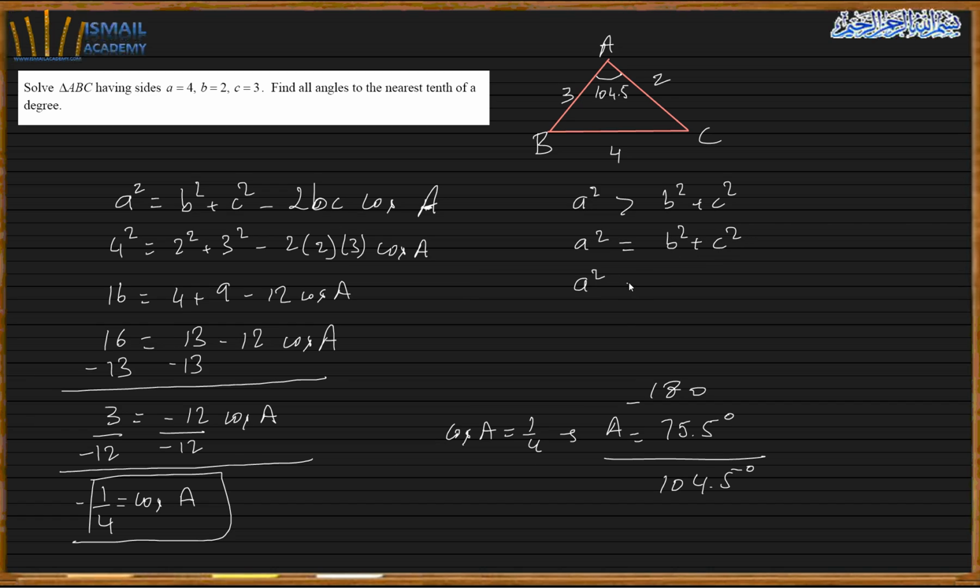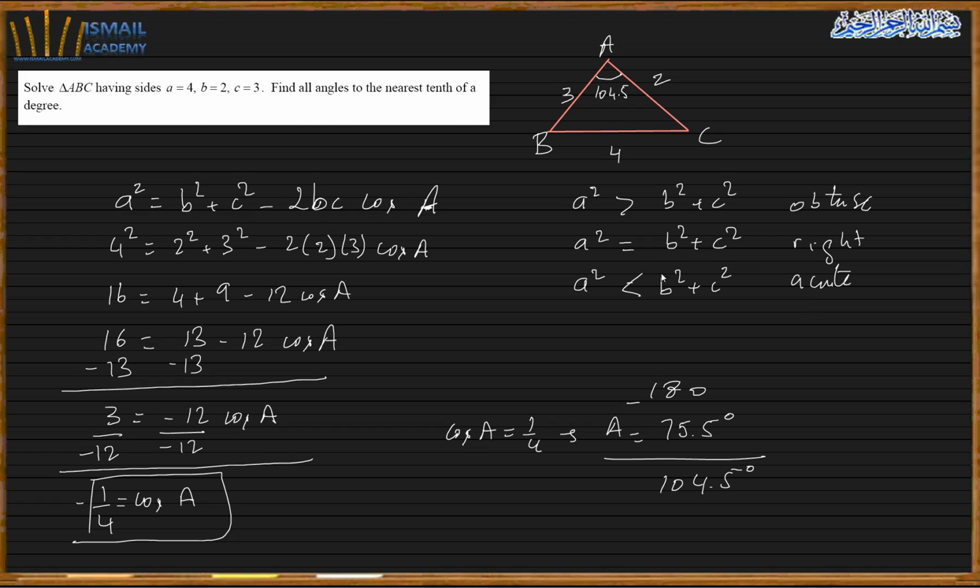If a squared is less than b squared plus c squared, that means this is acute. That tells me about angle A: if greater than, A is obtuse; if equal to, A is right; if less than, A is acute.